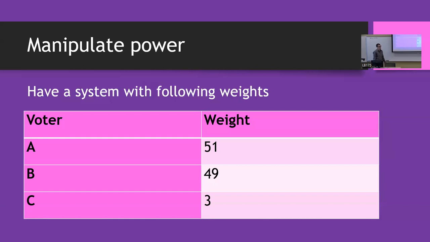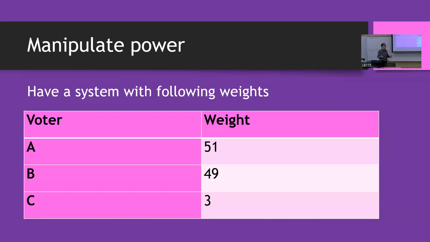So our quota must be between 52 and 103.